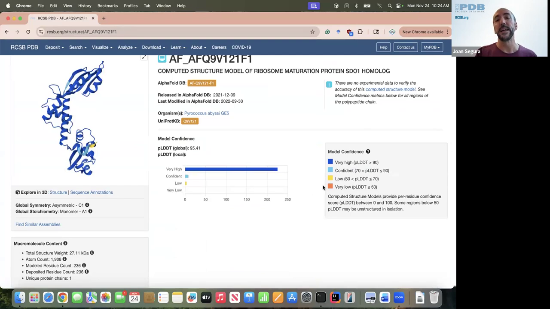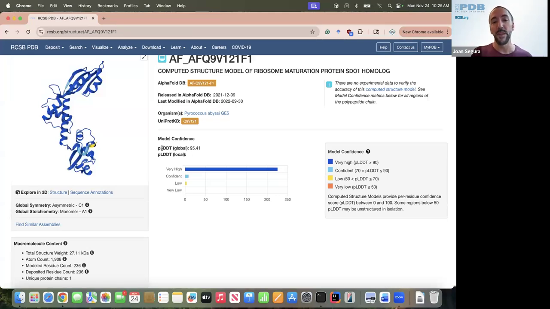What is different, again, is the validation report. We don't have the chart that displays the quality of the experimental structure, because there is no experimental structure. Instead, what you find is the histogram showing the confidence of the model, the PLDDT.